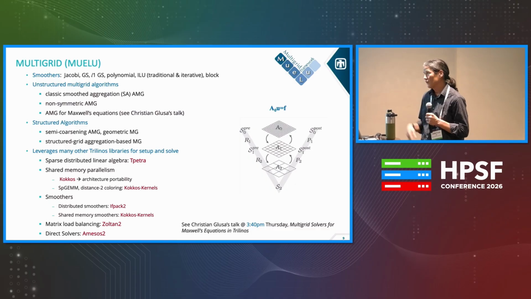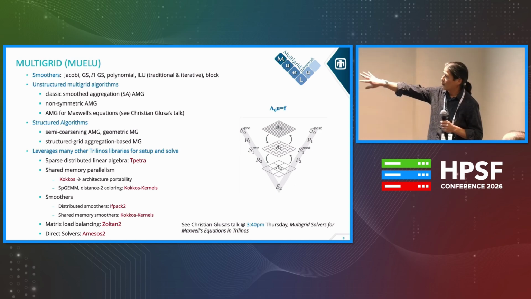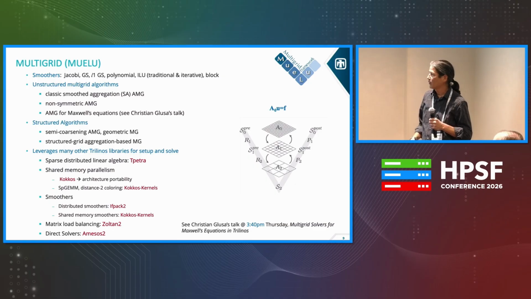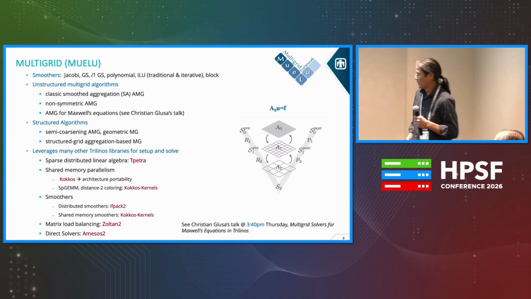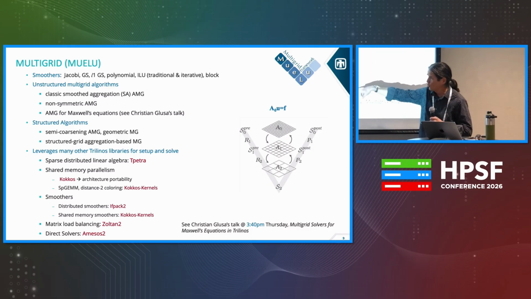And as I said, MueLu would basically be a car without an engine if it didn't have the rest of Trilinos. So it depends on Tpetra, that's a must. And then for the shared parallelism, of course, it relies on Kokkos and Kokkos Kernels. And then for the smoothers, it gets them from Ifpack2. It can use Kokkos Kernels smoothers. For direct solves on the coarse grid, it uses Amesos2.